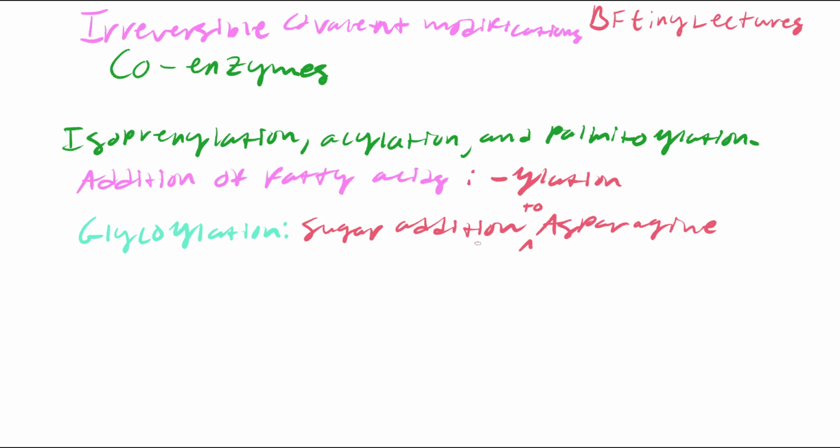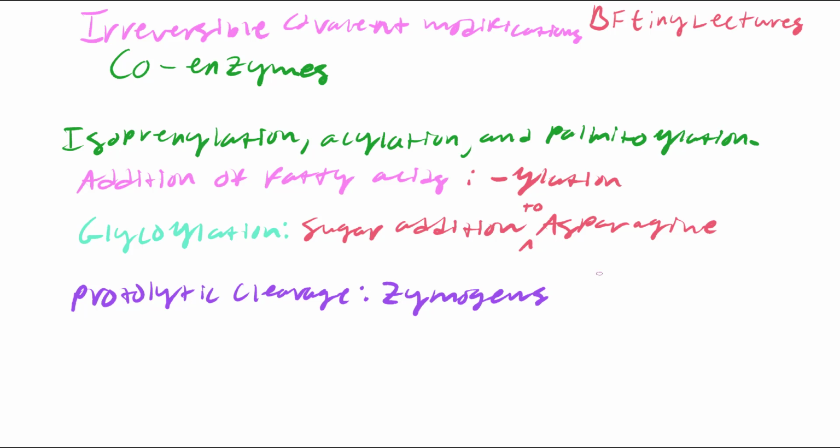So also, the last thing we're going to talk about is called proteolytic cleavage. Okay, so what is that? Essentially, zymogens are the inactive precursor to an enzyme. So when an enzyme is not active, when it's still forming in its little baby cocoon, we call that a zymogen, okay? So a zymogen is like a pre-birth. It's not really born.